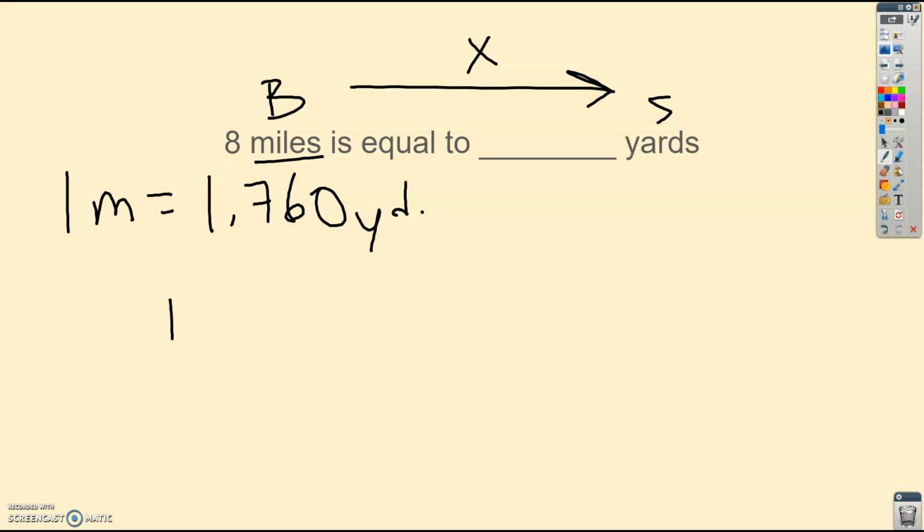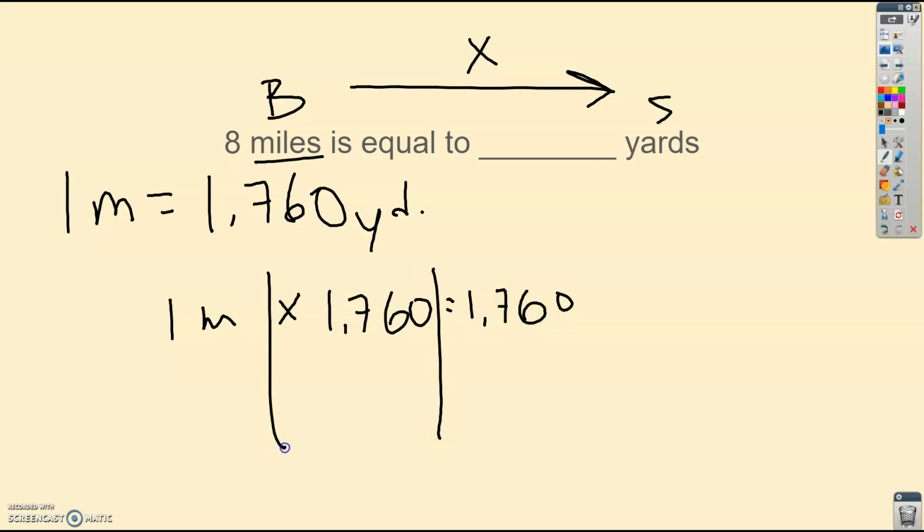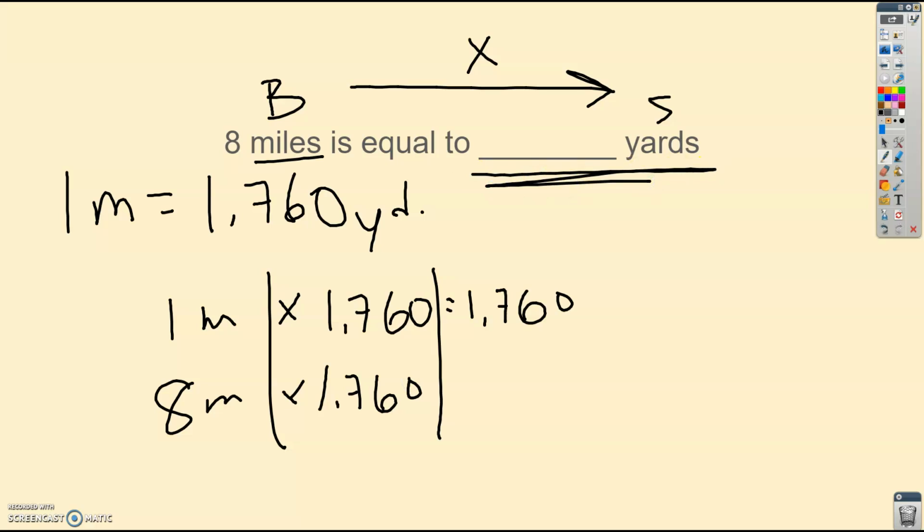So that's going to be your rule. So 1 mile times 1,760 equals 1,760. That would be your table, right? So if we had 8 miles times 1,760, that's going to help us figure out how many yards 8 miles is equal to.